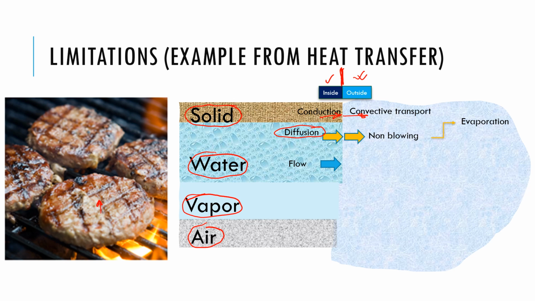So if it's non-blowing, then water comes to the surface and then it evaporates. So that's a different situation. And then another situation would be there's no evaporation. Water just accumulates. As I mentioned, we see when we are grilling meat. So the diffused water on the outside can have these two possibilities outside of the boundary.